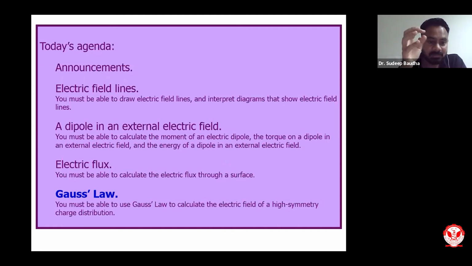Gauss law is important because it can be directly calculated without integrating the entire geometry. For example, if I have a line which is infinite, then integrating the infinite line is very, very difficult. Or if I have a very large line, integrating that large line is also very difficult.